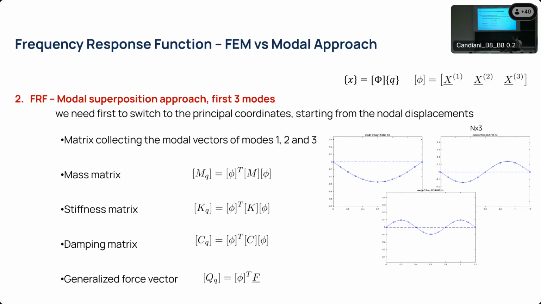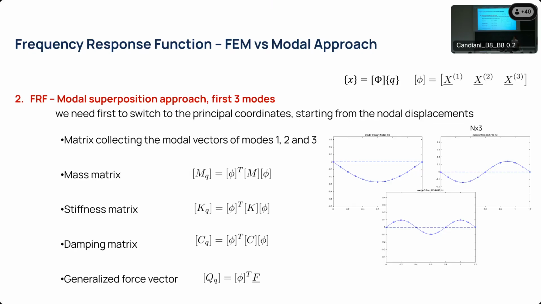And we know that the passage matrix between those two reference systems is usually a square, but it can be rectangular, and we will see why, matrix containing the values of our mode shapes.